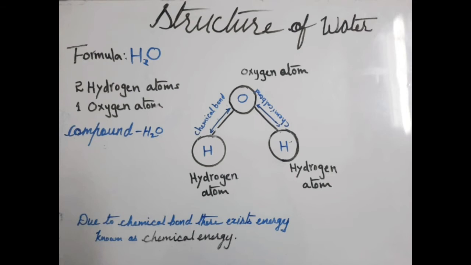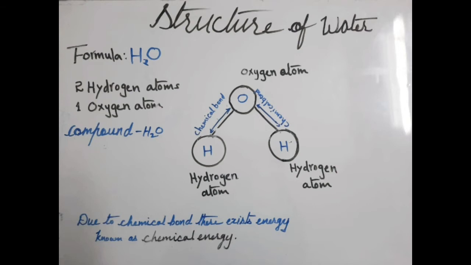So, we can say, due to the chemical bond between hydrogen and oxygen, they released energy, which is known as chemical energy. So, there is a chemical bond among all three atoms of water. What is a compound?